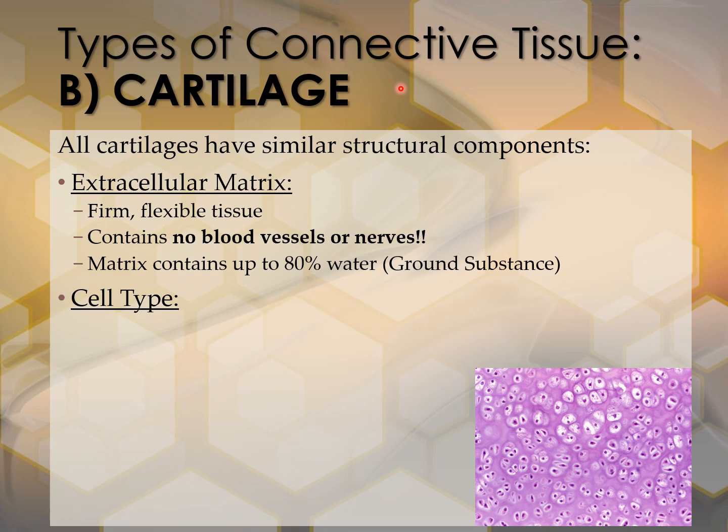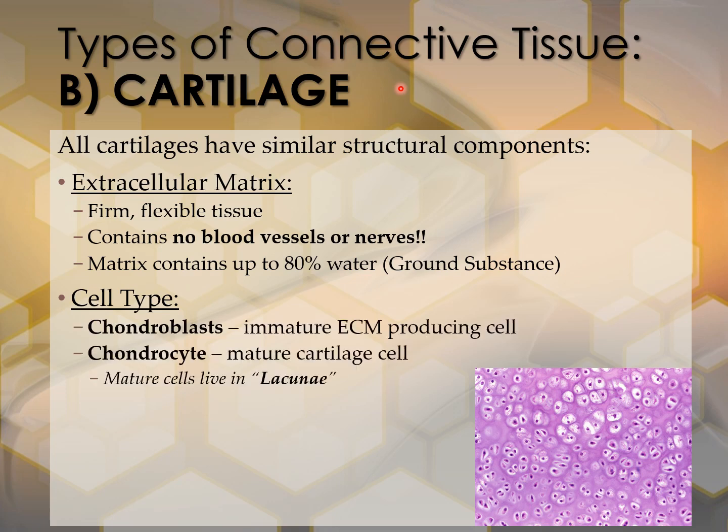So this is a little bit different, and it's why cartilage is bad at healing, because it has no blood vessels or nerves, okay? And why it's so firm is because the matrix contains a lot of water. So that ground substance is holding 80% water. So the majority of it is made up of water, okay?